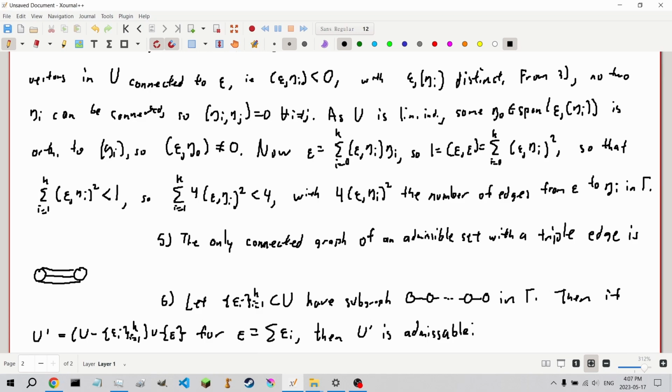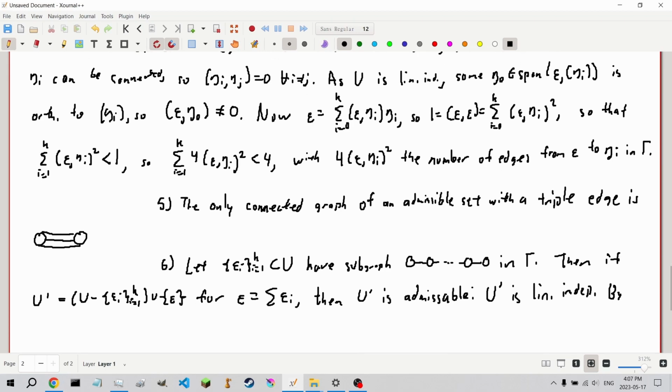All right. So U prime is clearly linearly independent by our hypothesis. Two times the form of epsilon_i with its neighbor epsilon_(i+1) is -1.